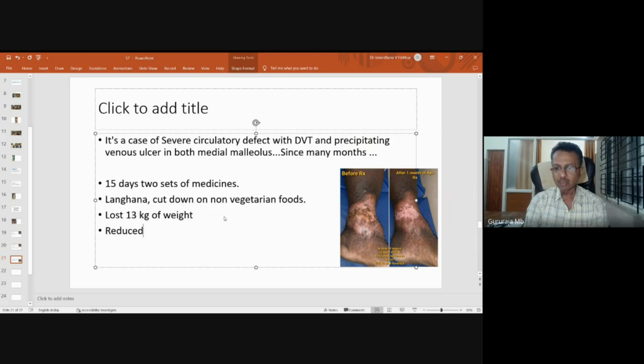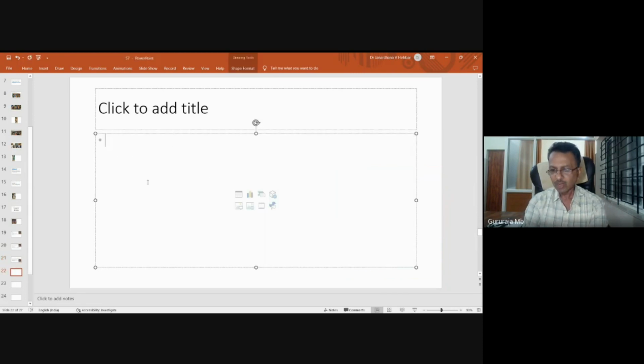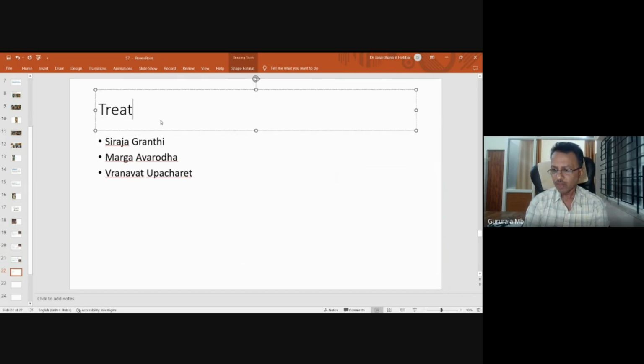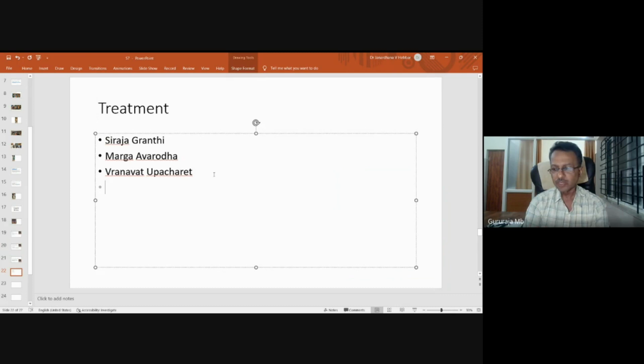We can clearly take it as Siraja Granthi or Margavarodha, and it needs to be treated as Vranavat Upacharyat, according to Vrana. When there is a blockage, we need to select a Pramati Dravya or a sharp Tikshna Dravya which can penetrate, or Amlarasa Dravya which is good for the heart and keeps the blood thin and moving.